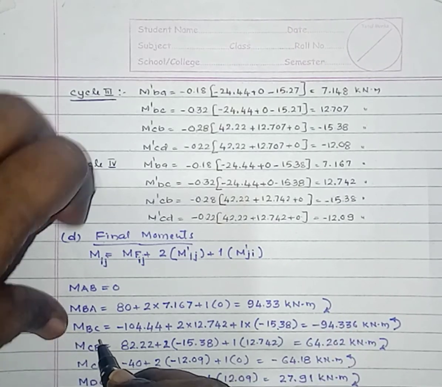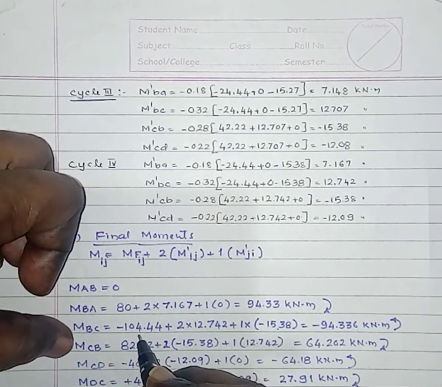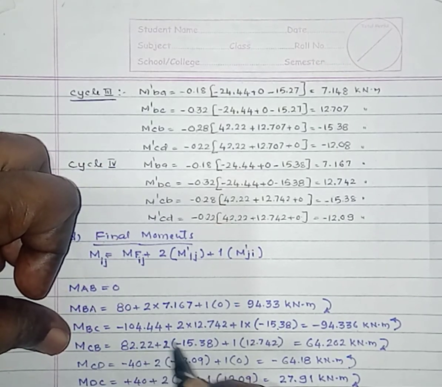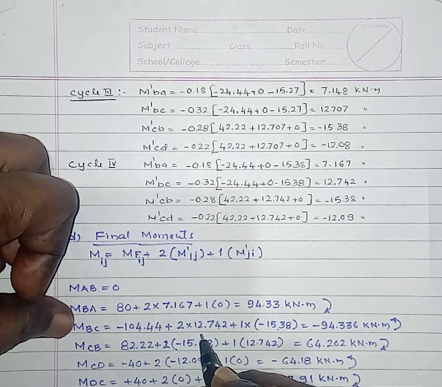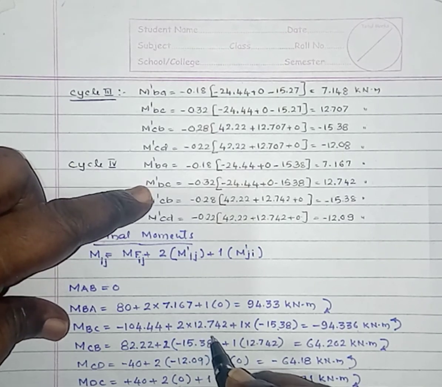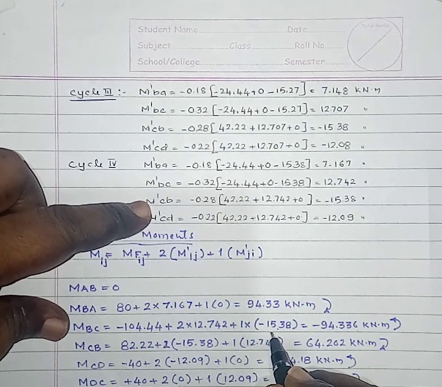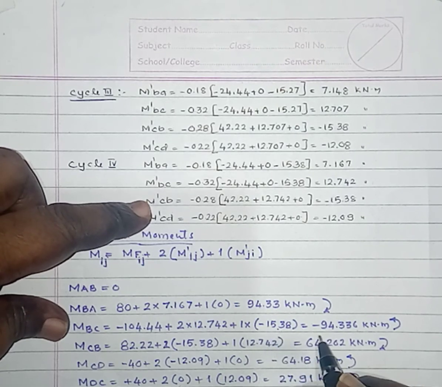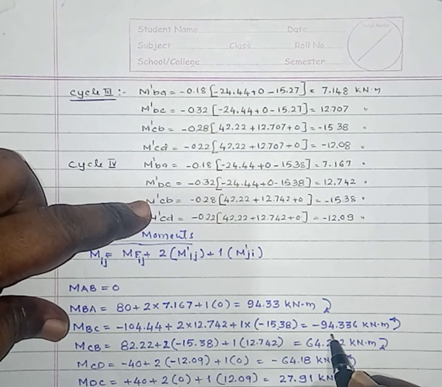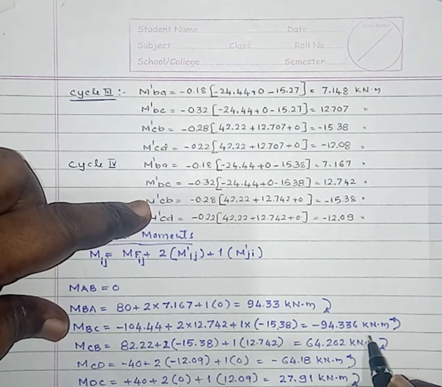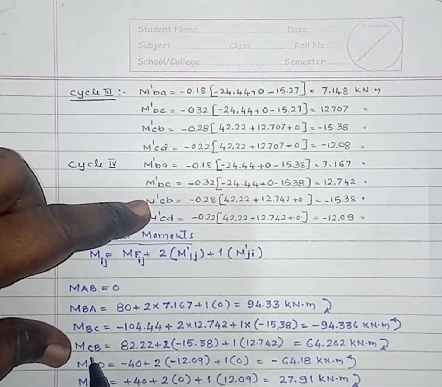Then MBC, the fixed end moment is minus 104.44 plus 2 times m dash BC, m dash BC is 12.742, plus 1 times far end rotational moment, that is minus 15.38. After simplification, you will get minus 94.336 kilonewton meter. That minus means anti-clockwise.